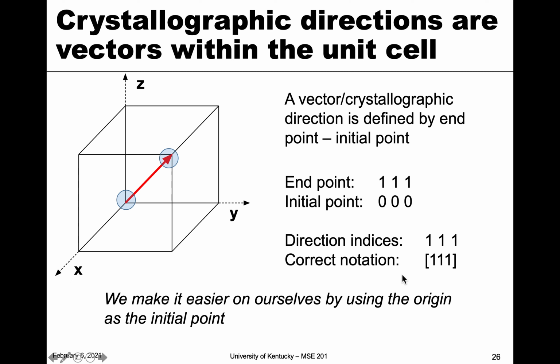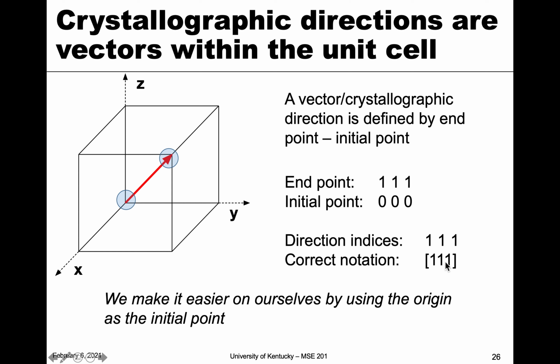But we want to have a very common notation that we all use. In crystallography, when people talk about crystals, particularly in the materials field, the way we write a direction is very specific. Just like points, we don't use commas. We never use commas. And we put those indices within square brackets, as you can see here.